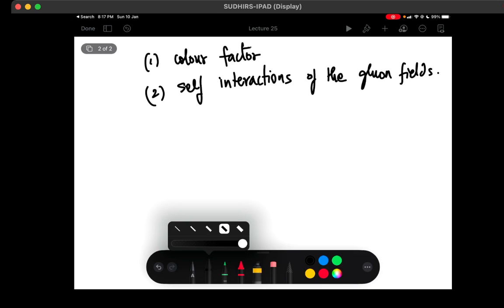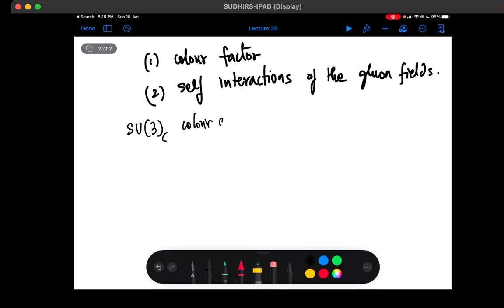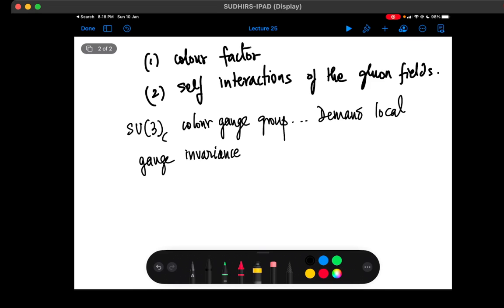Essentially, you start with an SU(3) color gauge group, demand local gauge invariance, and this leads to what we call the gluonic fields.